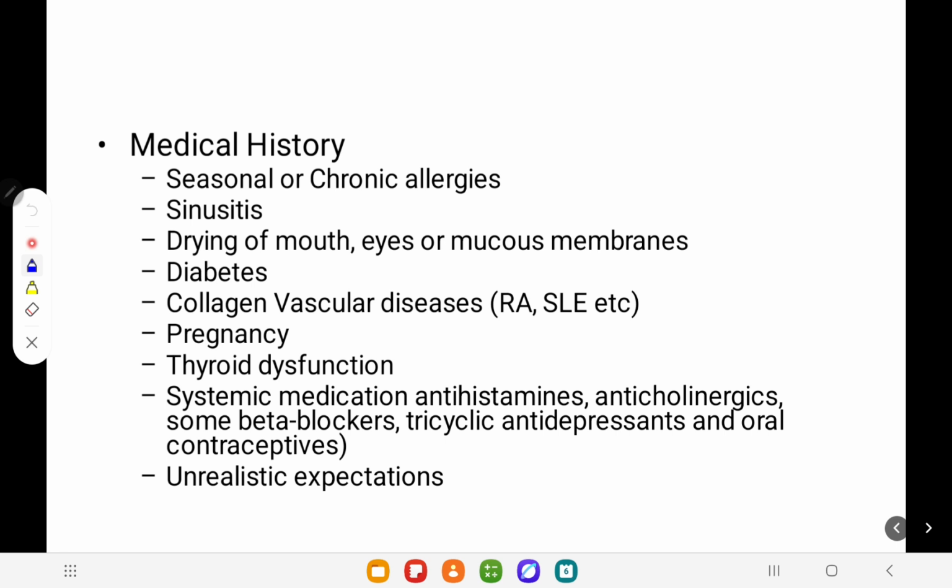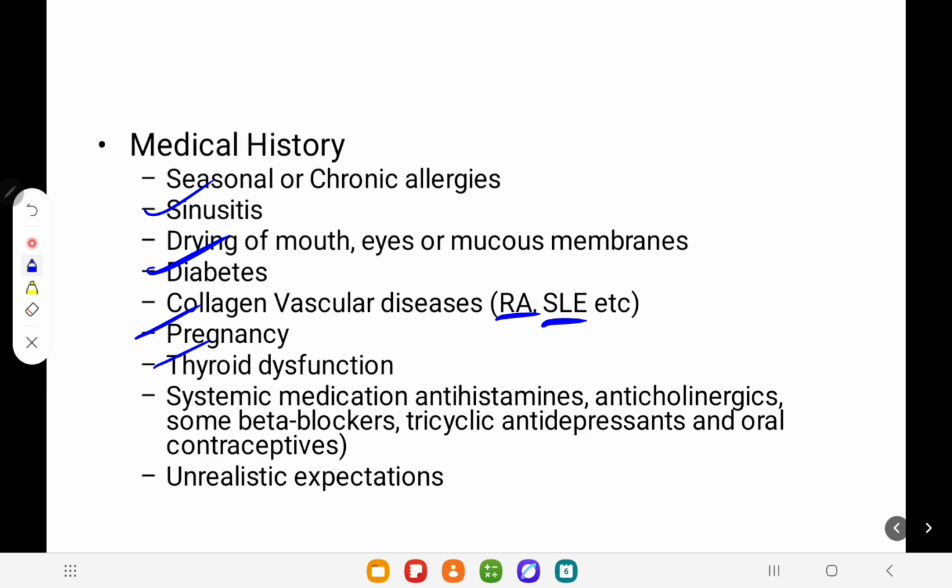Medical history: do they have seasonal or chronic allergy, is there continuous sinusitis, dry mouth, eye, or mucous membrane, is the patient diabetic or not, do they have a collagen vascular disease like rheumatoid arthritis or SLE, are they pregnant or not, do they have thyroid dysfunction or not.